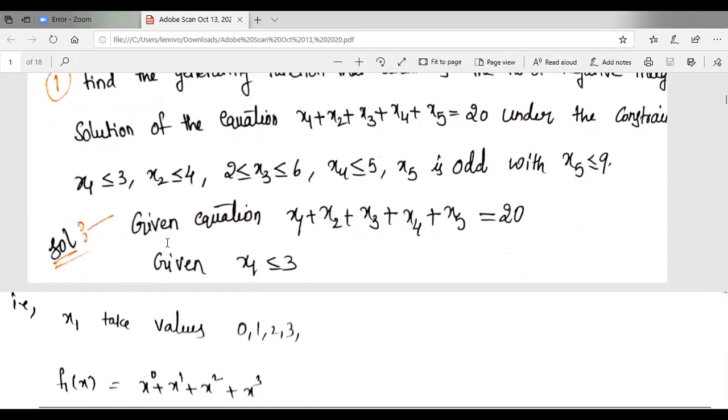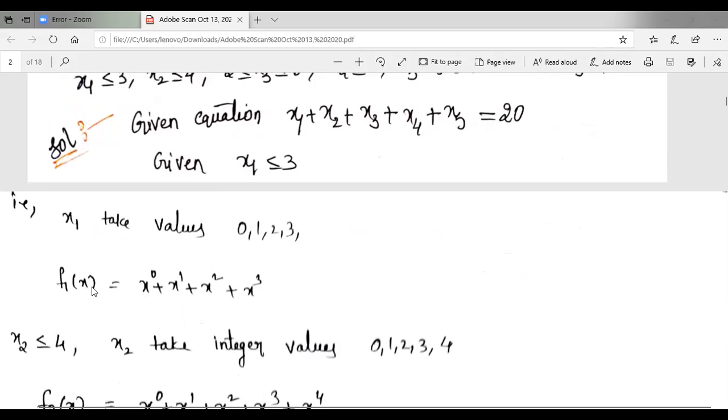Using these integer values, f1(x) = x^0 + x^1 + x² + x³.